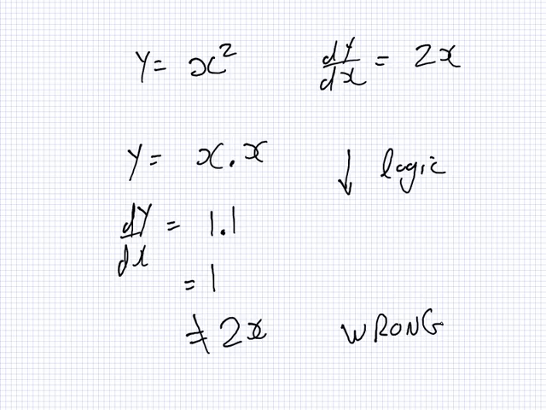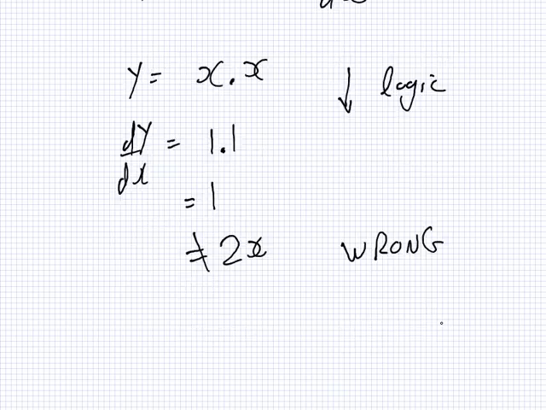So, then what is right? What is the rule? So let's have a look at what the rule is. Can I scroll down? Yep. Okay. So, let's imagine we have two functions. Let's say we have y equals f(x) multiplied by g(x). And we want to know what is the derivative here.